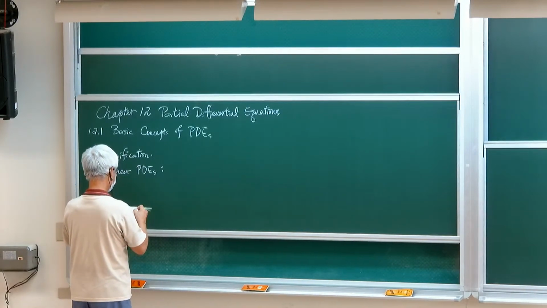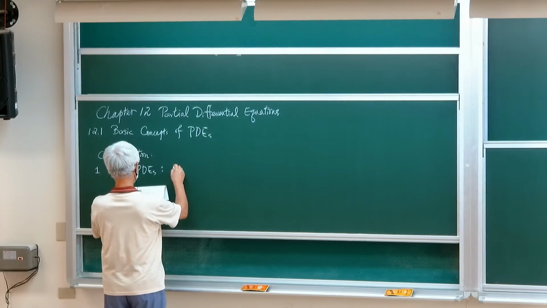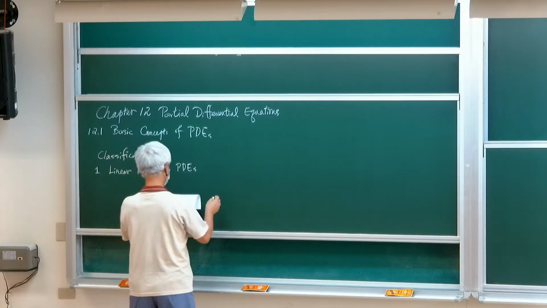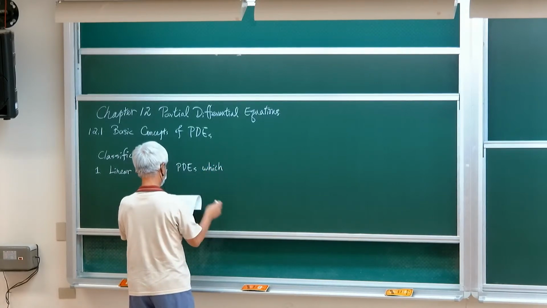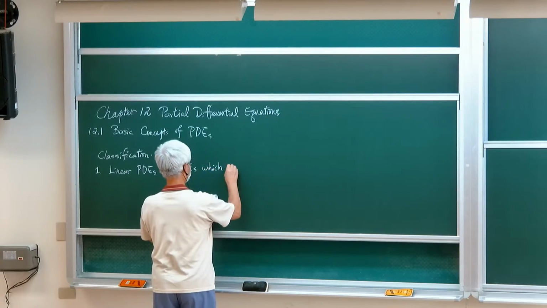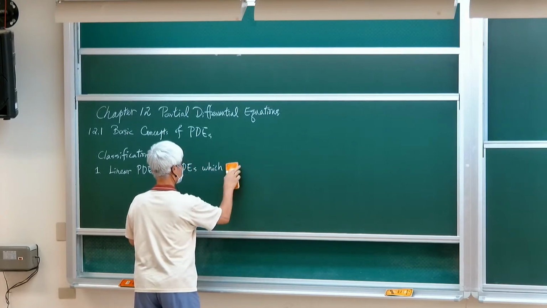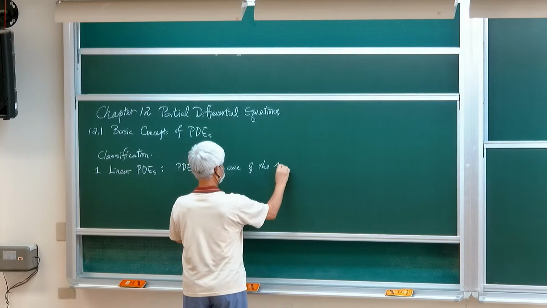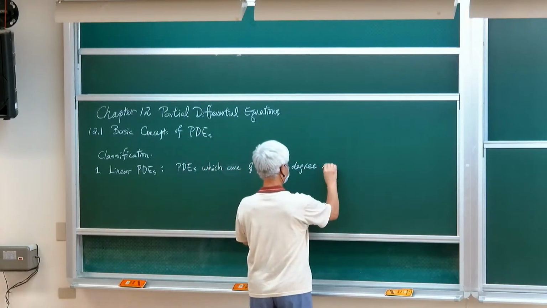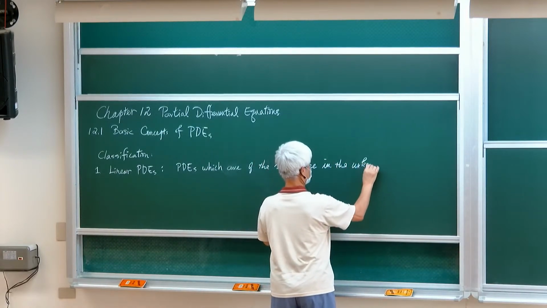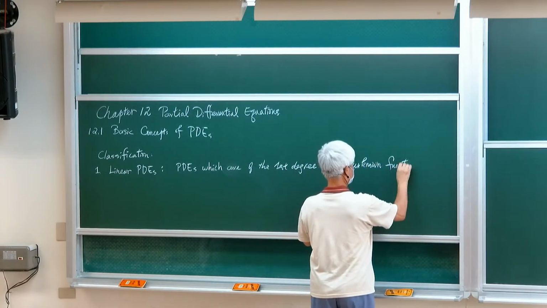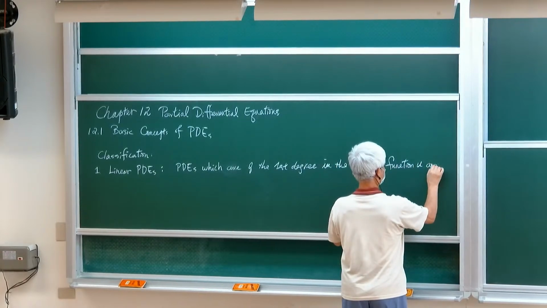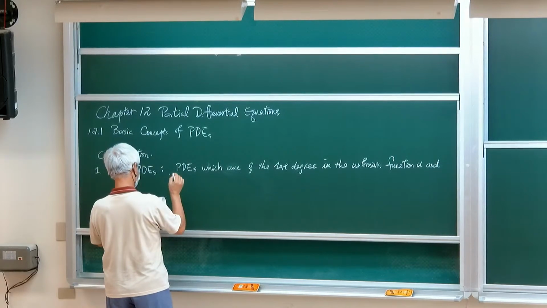So the linear PDEs are PDEs which are of the first degree in the unknown function u and its partial derivatives.